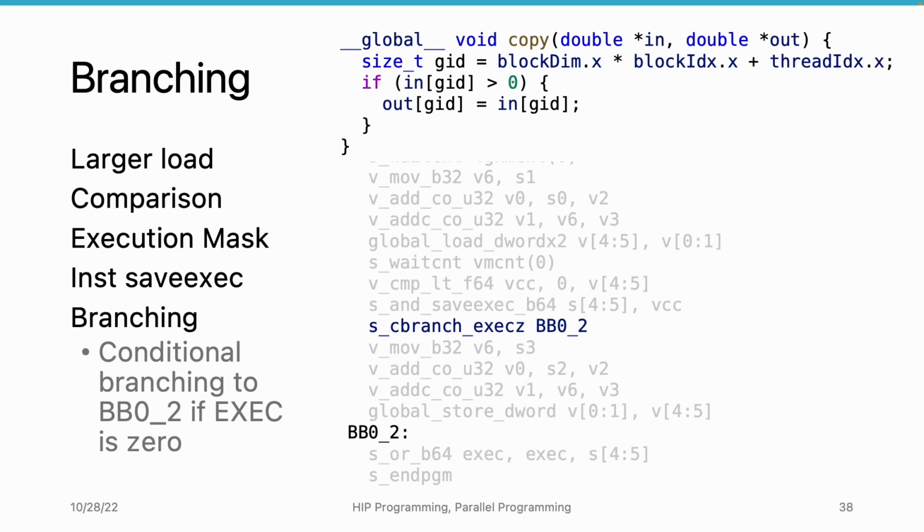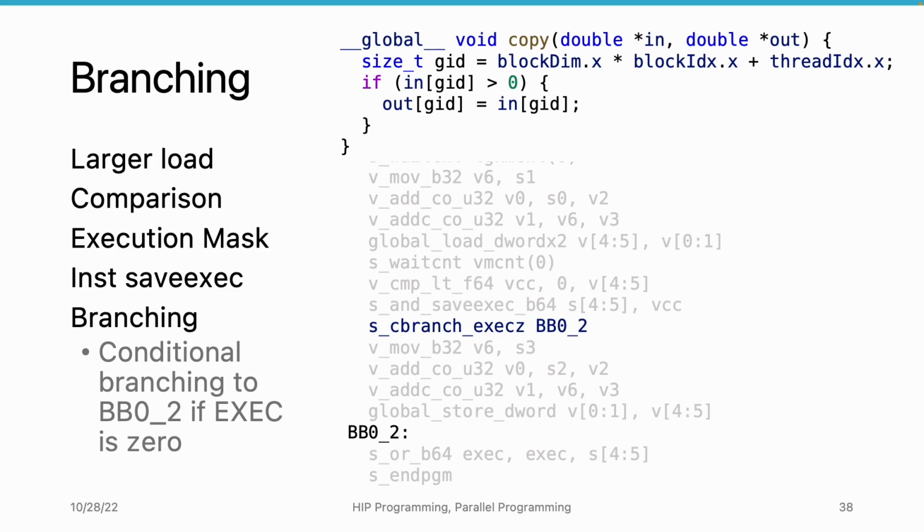So next, we consider this branching instruction. It's a conditional branching instruction, as represented by the letter C before the branch letter. And the condition here is EXECZ, which stands for if the execution mask equals 0. When the execution mask is 0, or the previous comparison result VCC is all 0, that means there's no thread that actually fulfills the condition.